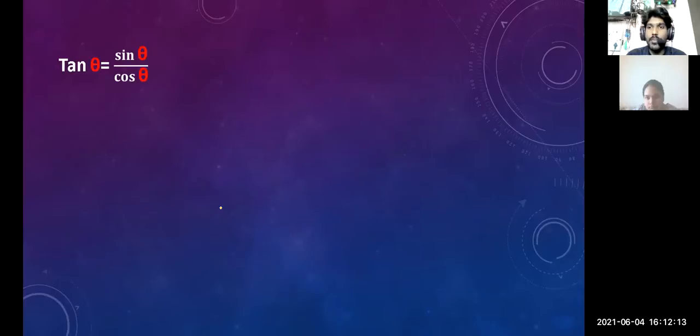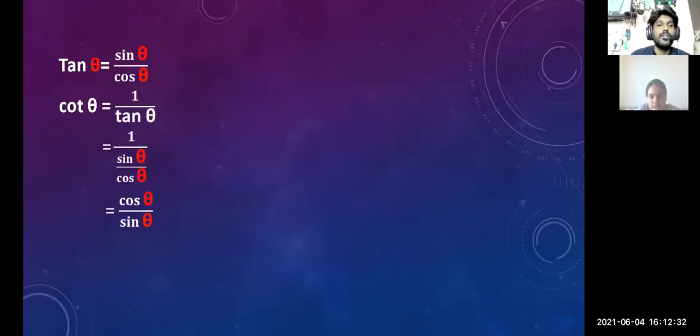Tan theta is sine upon cos. And then what about cot theta? Cos theta upon sin theta. Correct. So this is just a derivation. There is no need to remember this.